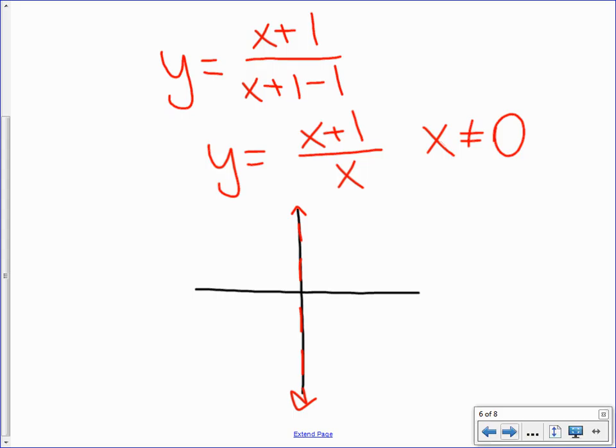We have a horizontal asymptote at 0 if the denominator has a bigger degree. Okay. So what do we look at? The coefficients. Our coefficients, 1 over 1, so y equals 1.